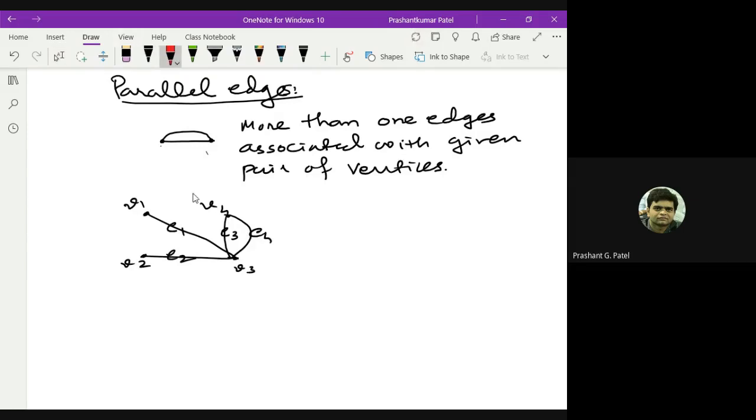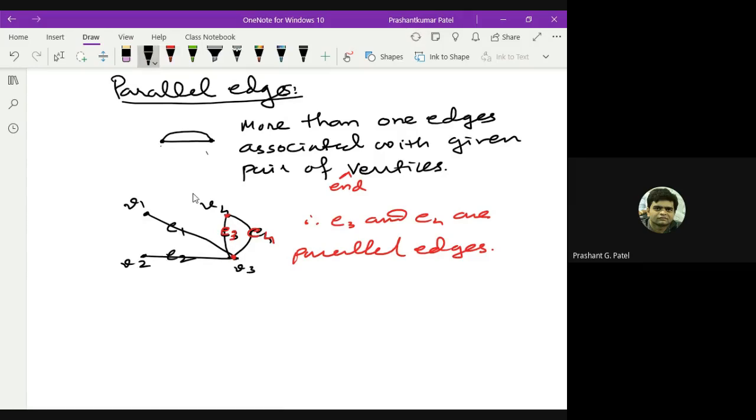Here more than one edge, that means E3 and E4, are associated with the given pair of end vertices. The end vertices are V4 and V3, and this pair is associated with two edges, E3 and E4. So I can say that E3 and E4 are parallel edges.